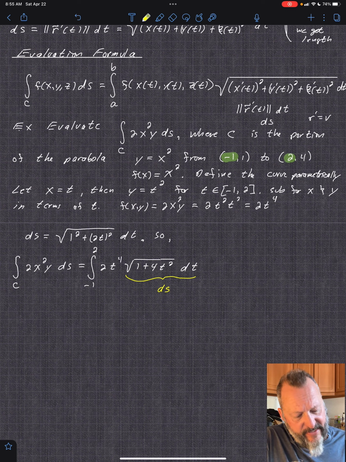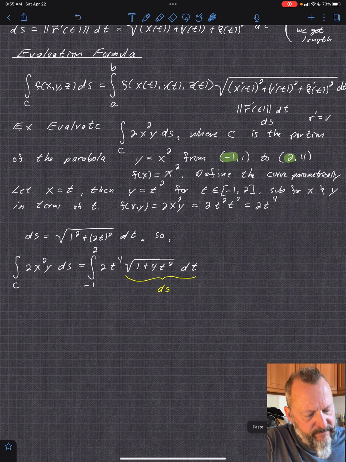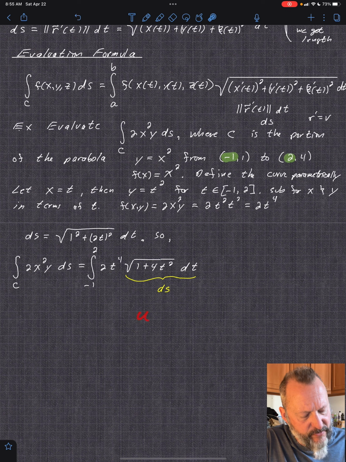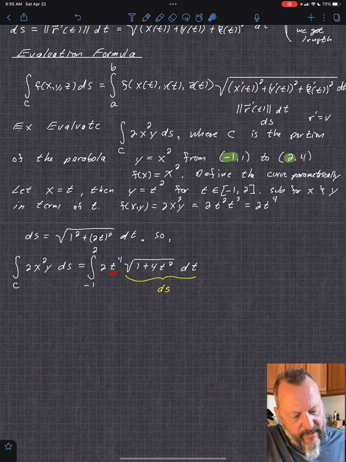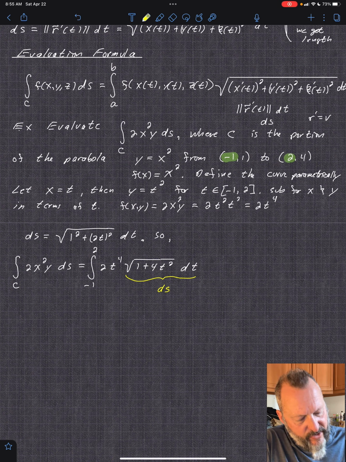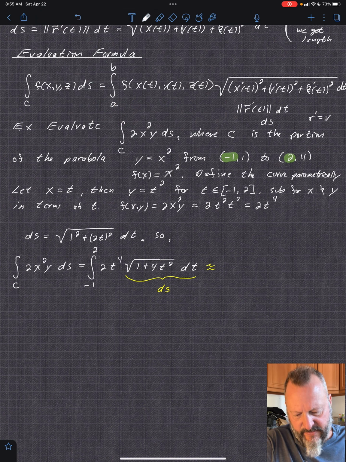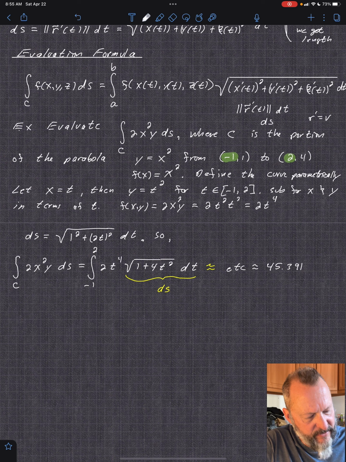Then you evaluate that. It's not simple, but I think you can do it with u substitution and then break this up. Because if you do u is 1 plus 4t squared, you get a t outside, but this is t to the 4th. I don't have this worked out, so try to work it out. This is approximately 45.391.